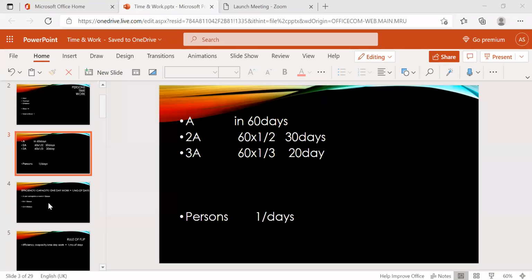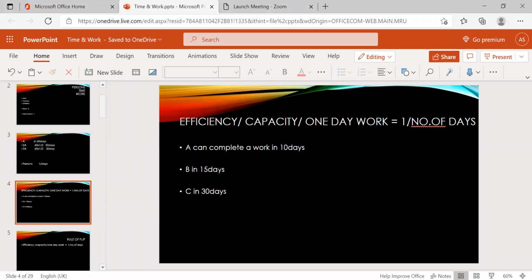And so we discussed efficiency. What is efficiency? Efficiency, or capacity, or one day work, is nothing but how much work a person can complete in one day. Suppose, for example, a person can eat 30 apples in 30 days.